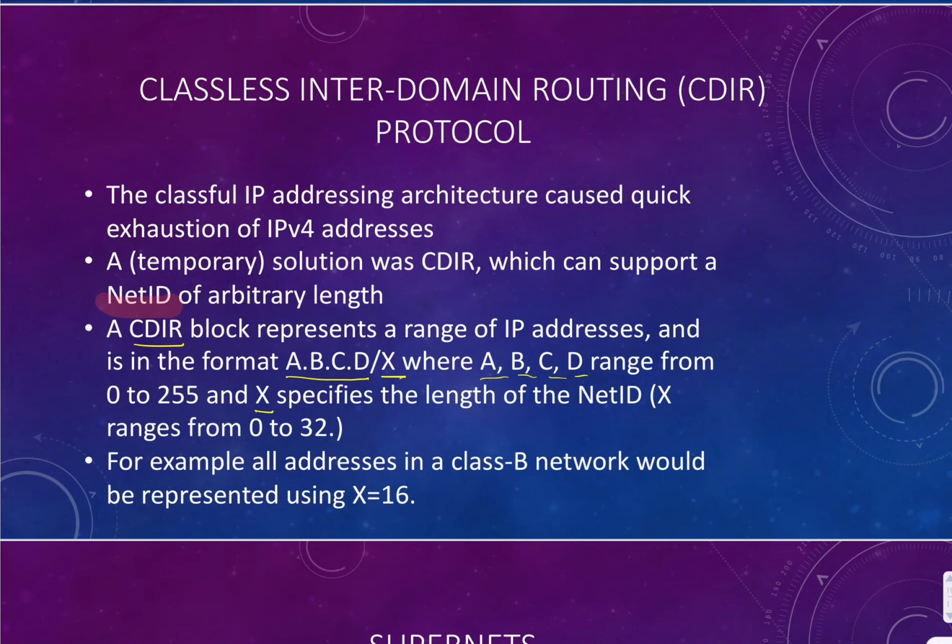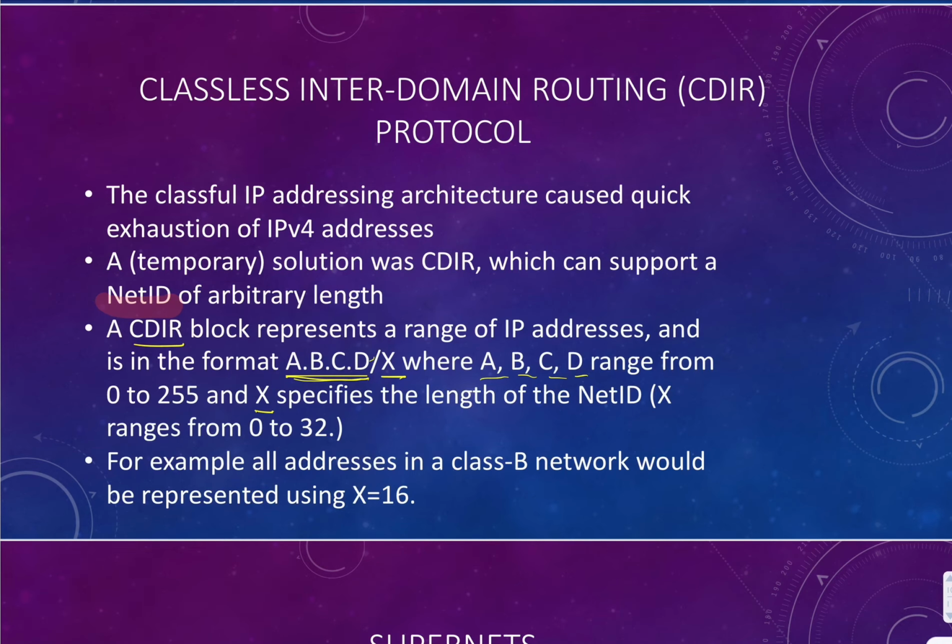The length of the net ID is allowed to be between 0 and 32. So anywhere between 1 bit essentially to all 4 times 8, 32 bits can be considered a net ID.